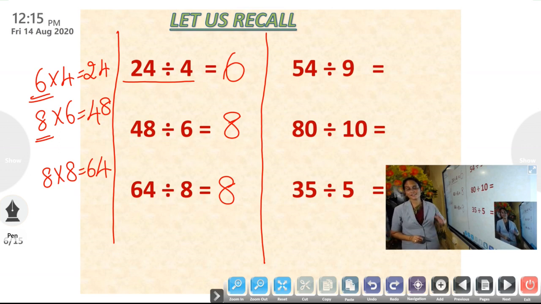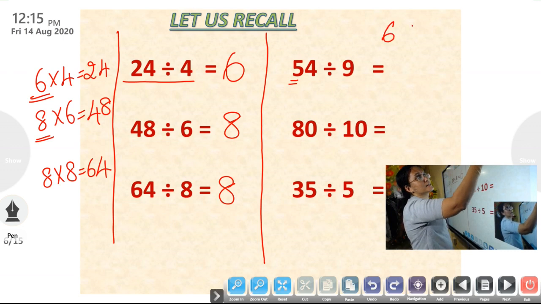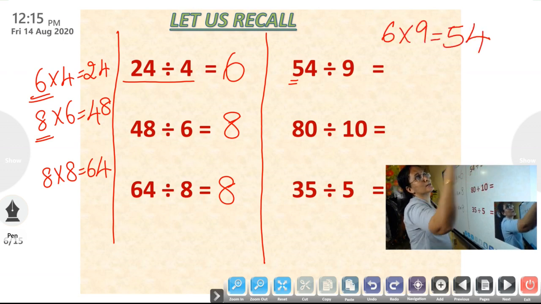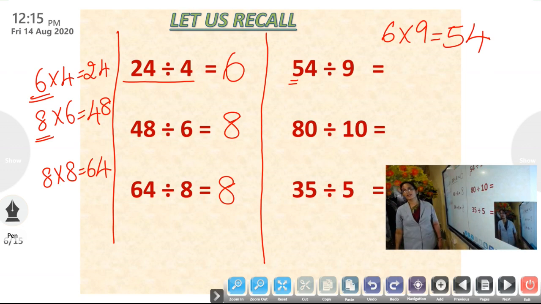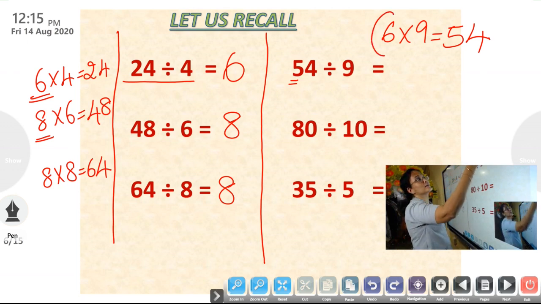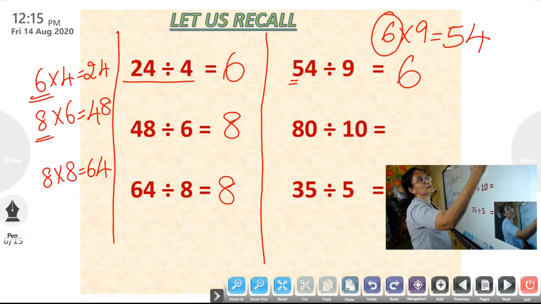That much is enough because we have 54 here, isn't it? So 6 into 9 is 54. So what is 54 divided by 9? The answer here is 6.